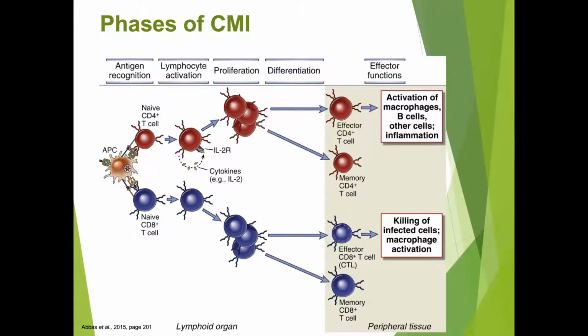And then it's going to interact with the CD4 or CD8 cells. This is in the secondary lymphoid organs. And then once it is activated, it will start producing cytokines that feed back or can act as growth factors for the CD8 positive cells. And this will allow them to proliferate and to differentiate.